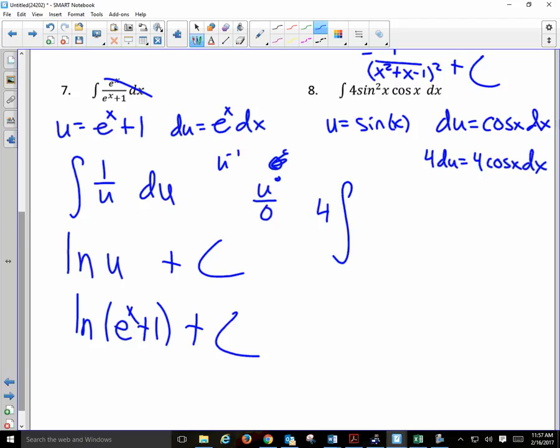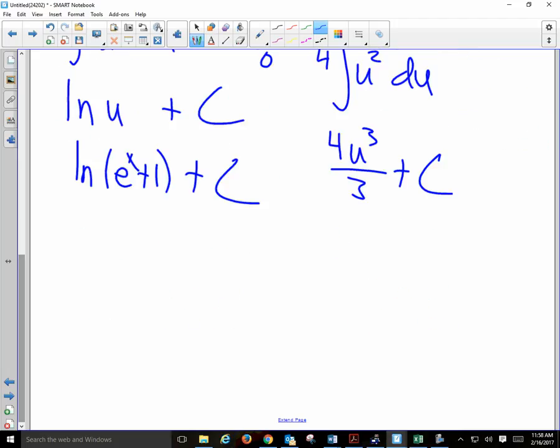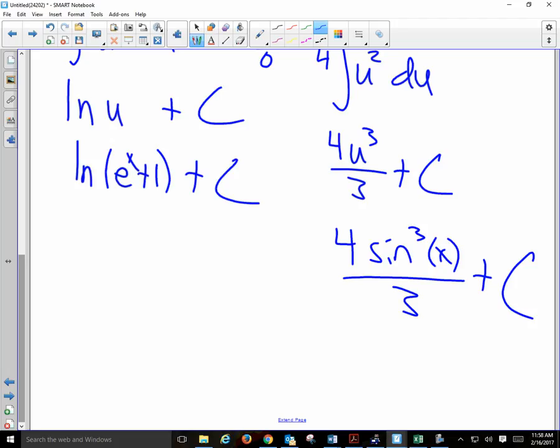So I have 4 times the integral of u squared du. That's why I don't worry about the squared, because I know the antiderivative of u squared. So I have 4u to the third over 3 plus a constant. What is it that we are cubing? So 4 sine cubed of x divided by 3 plus your constant. That's my final answer.